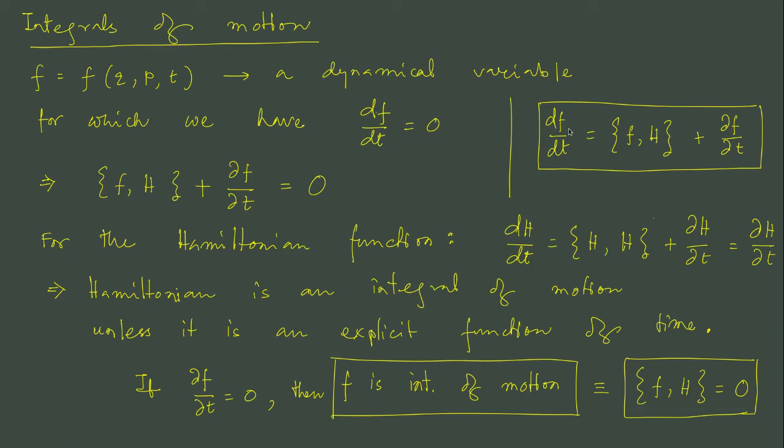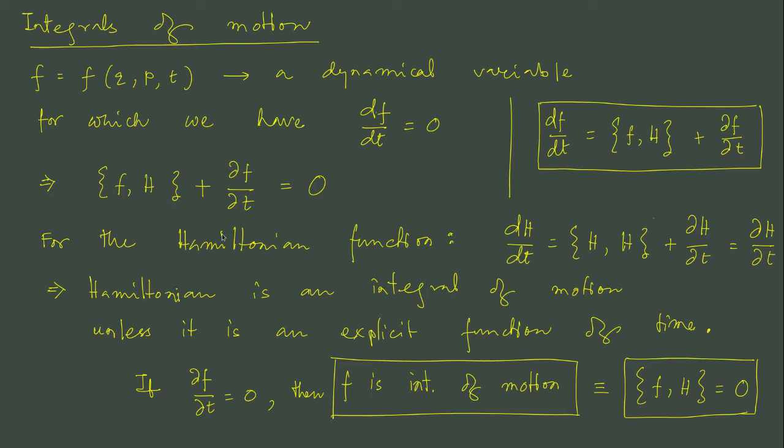But we have seen that using the Poisson bracket, the rate of change of a dynamical variable can be written as its Poisson bracket with the Hamiltonian plus its explicit time derivative, del f del t. Now, if it is an integral of motion, then it follows that its Poisson bracket with the Hamiltonian plus del f del t, that explicit partial derivative with respect to time, must vanish.